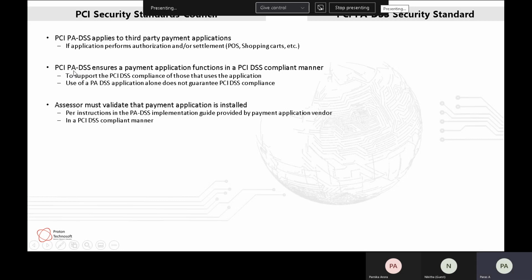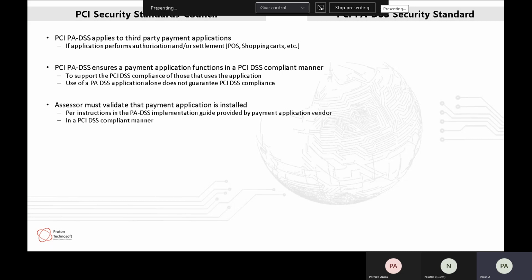Now, PCI PADSS ensures a payment application functions in a PCI DSS compliant manner, which means if there is a company which wants PCI DSS compliance to happen, and they have PADSS software already, the PADSS application should support the PCI DSS controls as well.